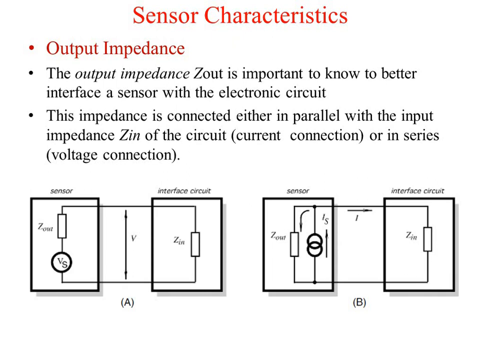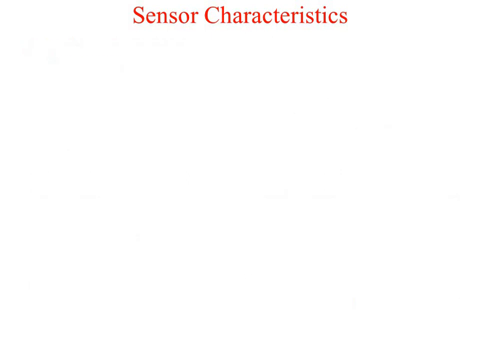Z out must be known to you so that you can calculate the requirement, as we know that impedance matching is very important as far as fidelity and the next processing are concerned. This impedance matching for maximum power transfer is very important, and for that purpose, Z out will play a very important role.